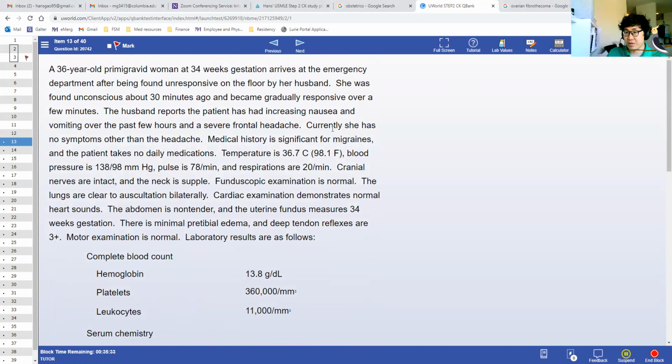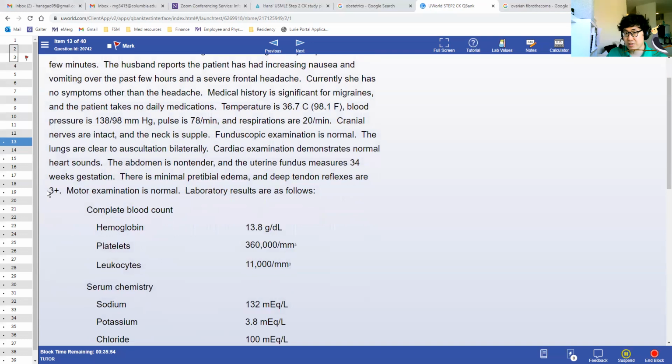She has a history of migraines, no medications. Blood pressure looks good, slightly high, but not too concerning. Pulse 78, respiration is 20, cranial nerves intact, neck supple, fundoscopy is normal, lungs are clear, normal heart sounds, uterus looks good, minimal pretibial edema, DTRs are 3 plus.